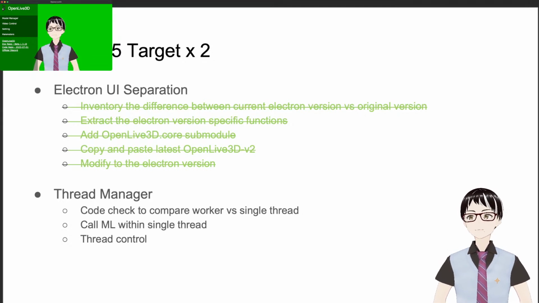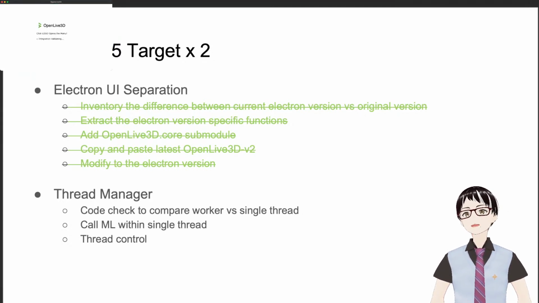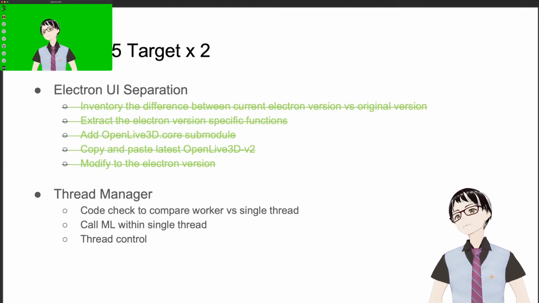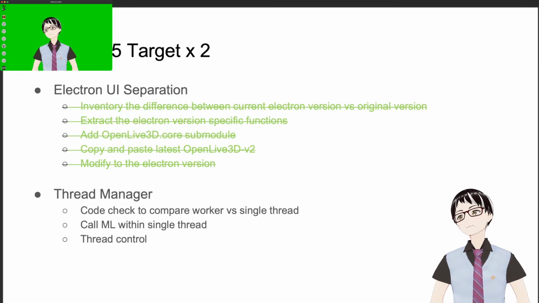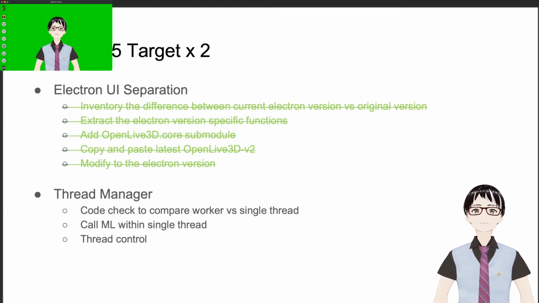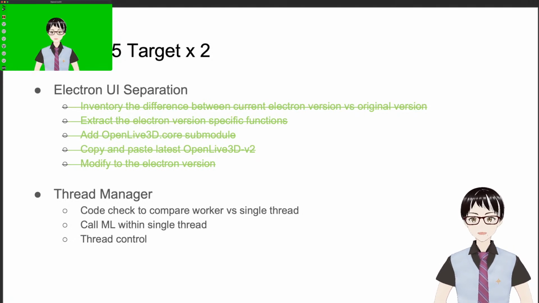Okay, and we reload it, and everything is still working. So great. Which means we are able to get it to basically just work, right? So the Electron separation version is done.